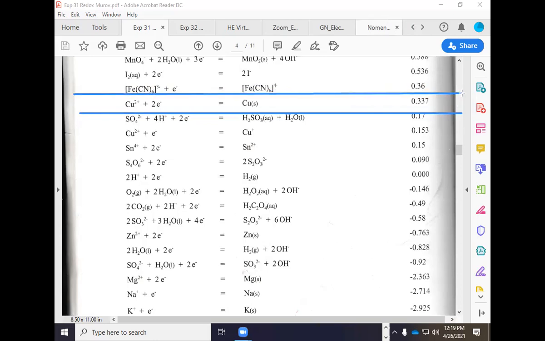Okay, so in our particular example, it asks for copper solid, but it's on the wrong side. So we need to start with the copper solid to become copper ion and 2 electrons. We need to take this whole thing and reverse it.